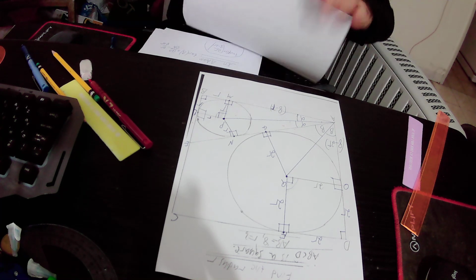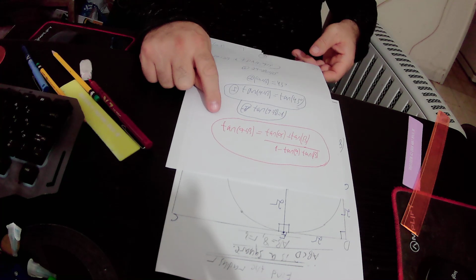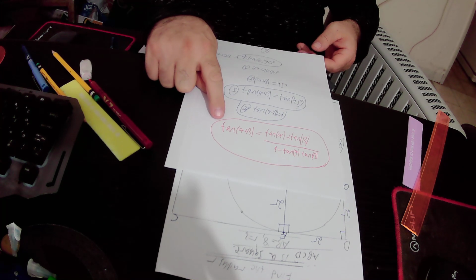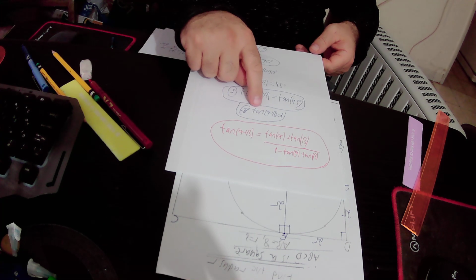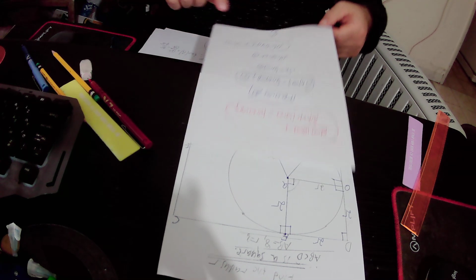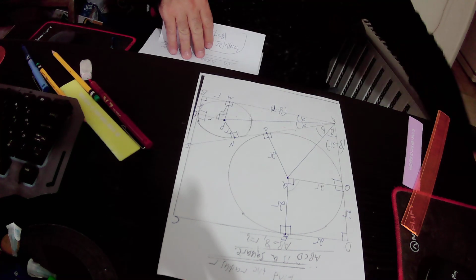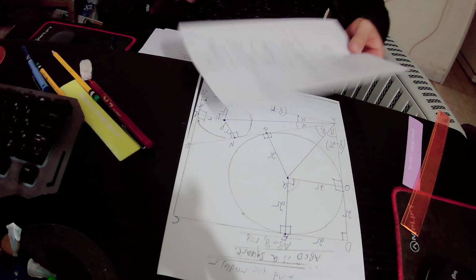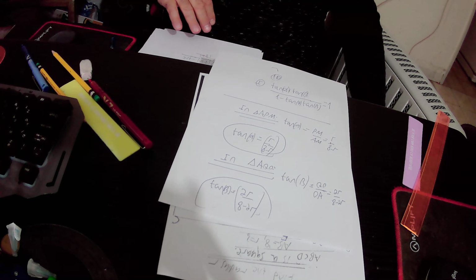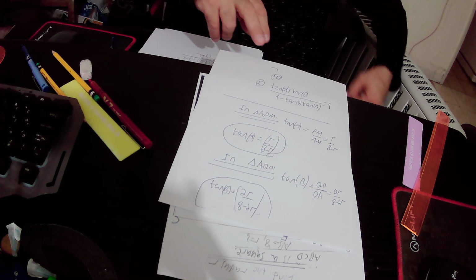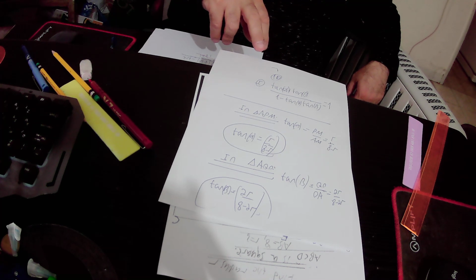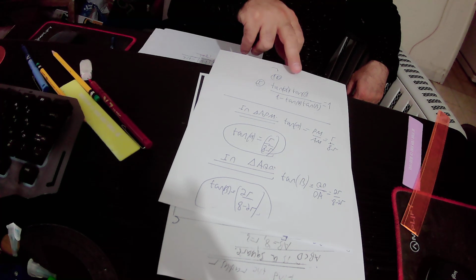We substituted tangent of alpha plus beta in equation number 1 by this expression, and we got this expression. Then we calculated the value of tangent alpha and tangent beta, and substituted them in equation number 1.